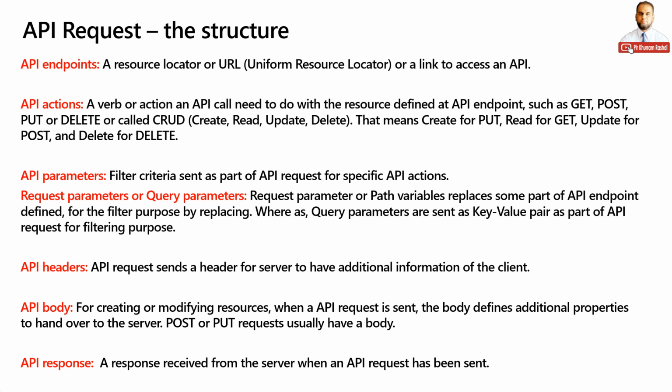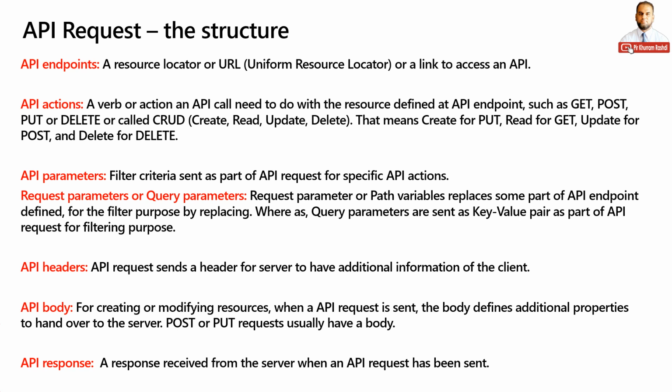Then there are API actions or verbs which are used to call an API through an API endpoint or URL, such as get, post, put, or delete actions, which are also called CRUD operations.